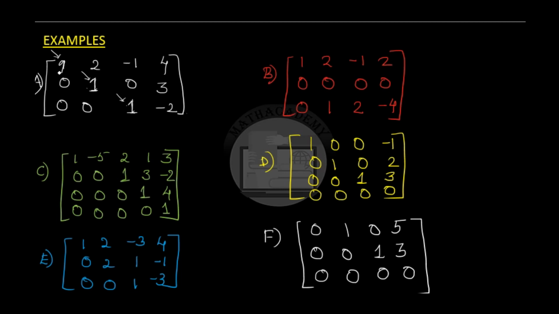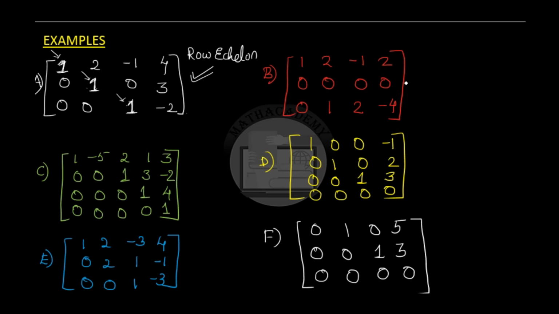The highest row has the leading one on the leftmost, then further right, and the last row has a one further right, and hence this is in row echelon form.